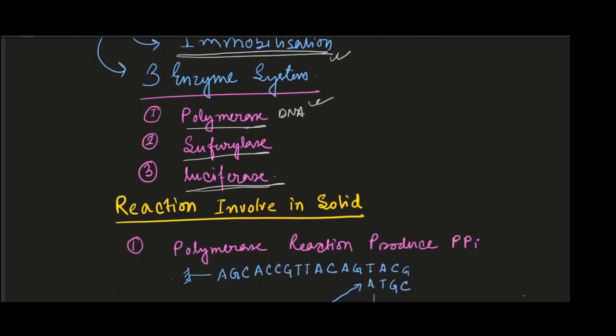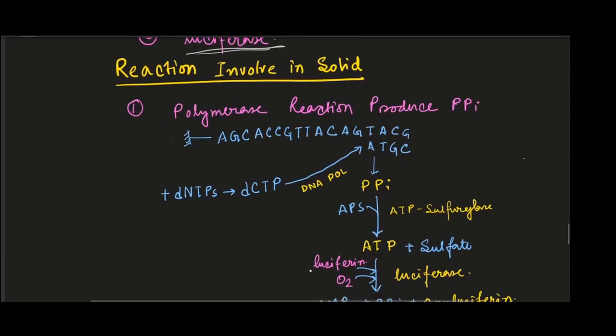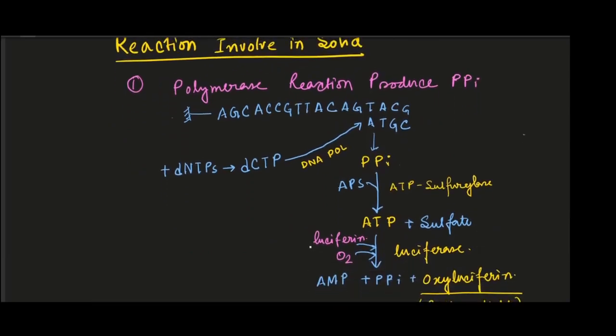Now let's see the reaction of solid pyrosequencing. As the first step, we need to synthesize our DNA. So, as you can see here, we immobilize our template DNA, and we need to add the dNTPs sequentially, not four at a time. So, we need to add a single dNTP at a time in the presence of DNA polymerase.